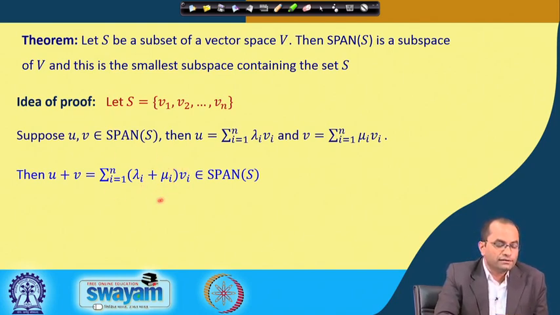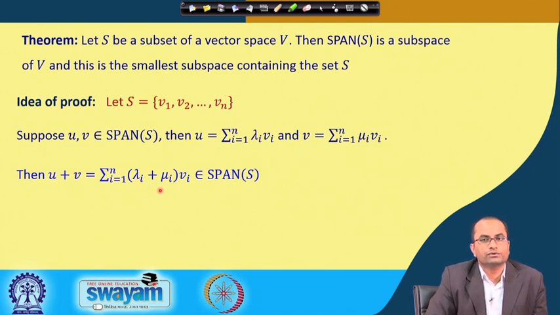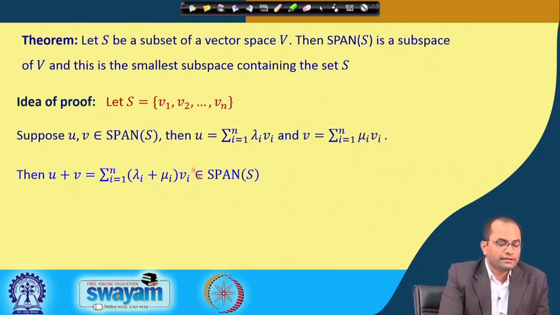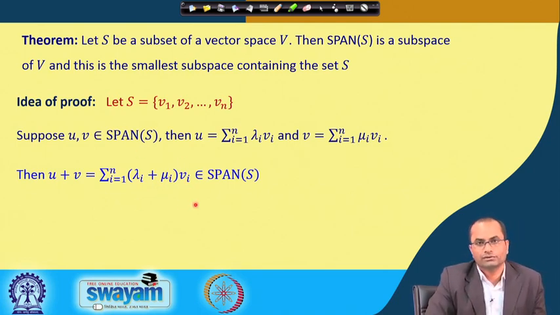So, again this is a linear combination of the vi's, because when lambda i and mu i are real, their sum is also a real number. So, this will also belong to span S, because span S contains all linear combinations of the vi's.